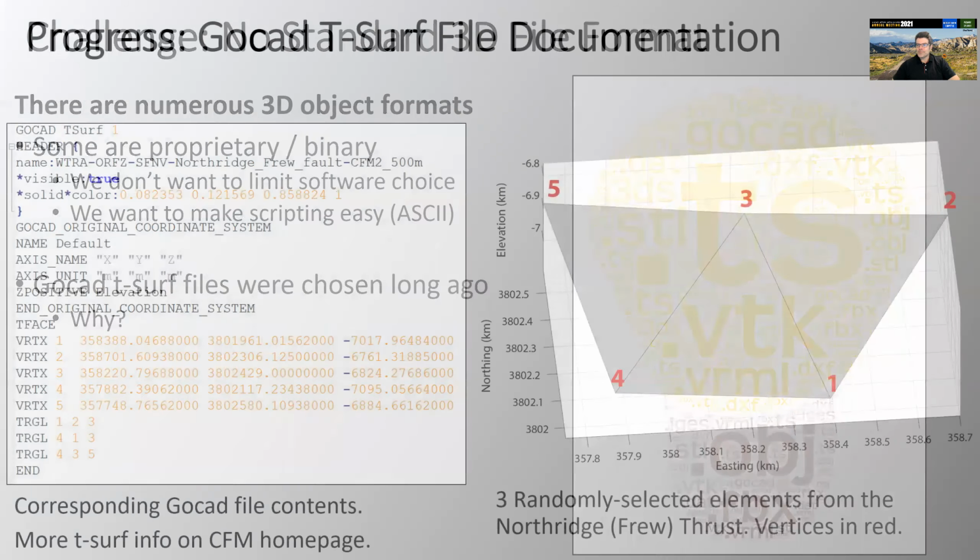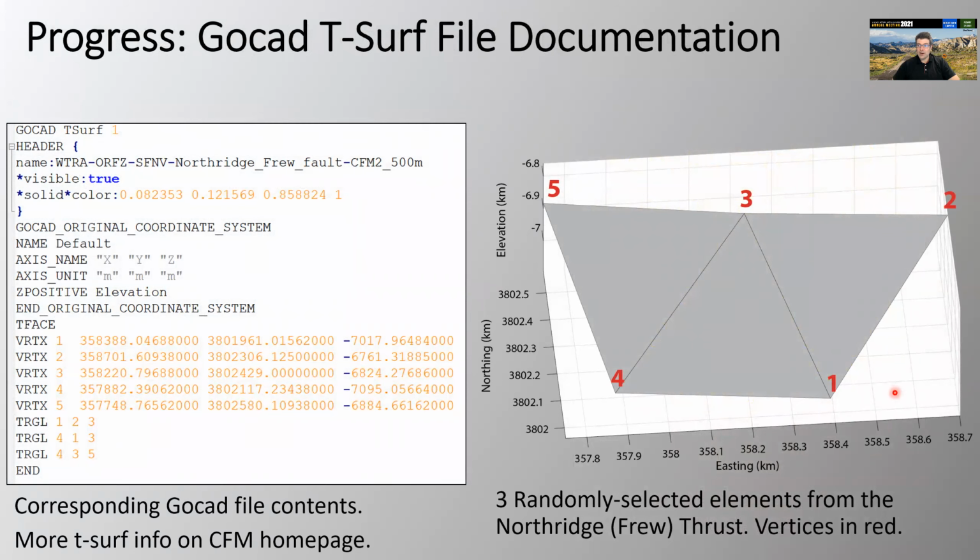Let me show you. GoCAD files might sound proprietary because GoCAD is not free, but GoCAD files are open source. They're plain text. So this is 3 random triangles from the Northridge thrust: vertex 1, vertex 2, and vertex 3. Vertex 1 has X, Y, and Z coordinates in UTM. And then the triangle is formed by connecting vertex 1 to vertex 2 to vertex 3.